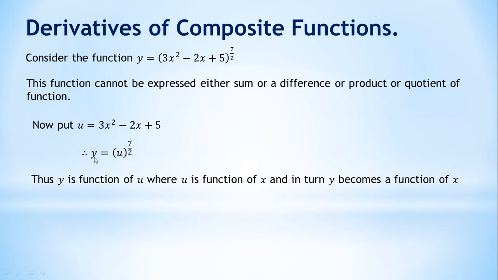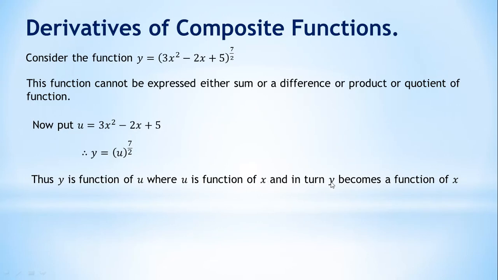There is a direct relation between y and x here in this case: y is equal to (3x² − 2x + 5) raised to 7/2. But for our purpose, we consider u is equal to 3x² − 2x + 5, and hence we get y is equal to u raised to 7/2. So we can say that y is a function of u and u is a function of x.